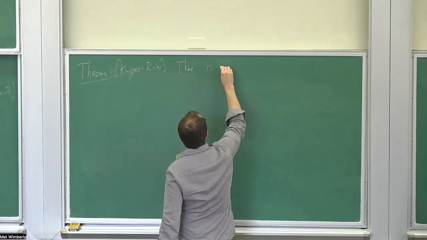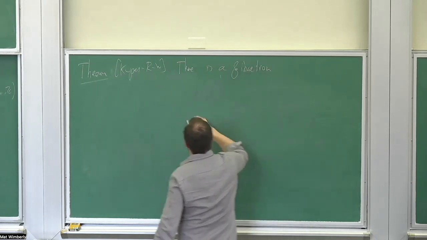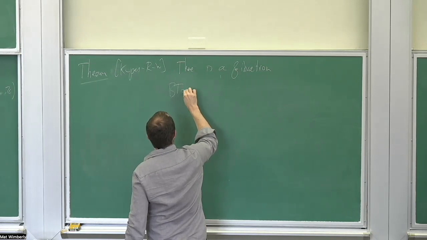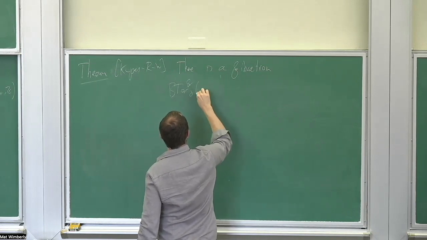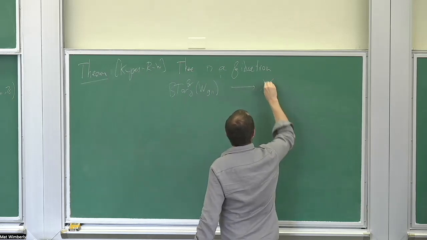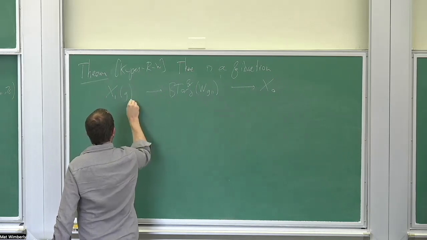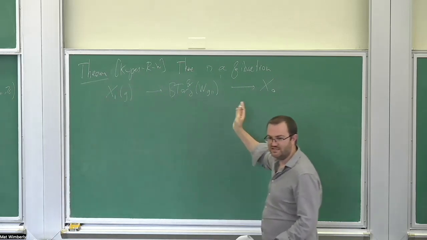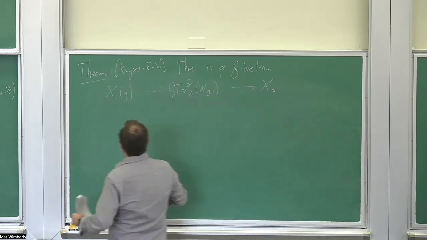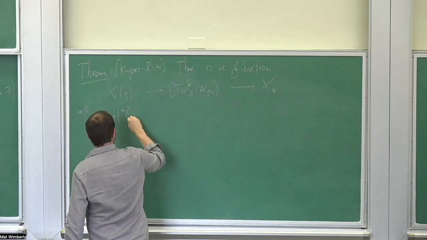Let's just follow it. So there is a fiber sequence. It turns out that what we describe won't really directly be the cohomology of B2L frame, but it will be two pieces. Two spaces called X_0 and X_1(g). So X_1(g) depends on g and X_0 does not depend on g. The cohomology of X_0 is quite easy.